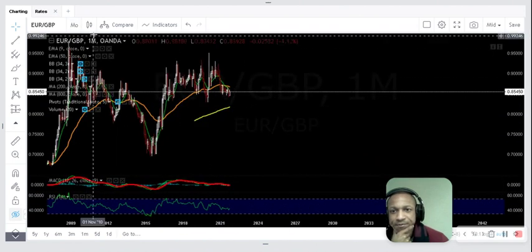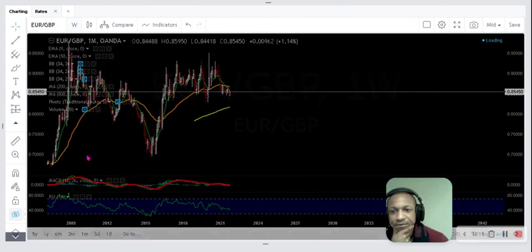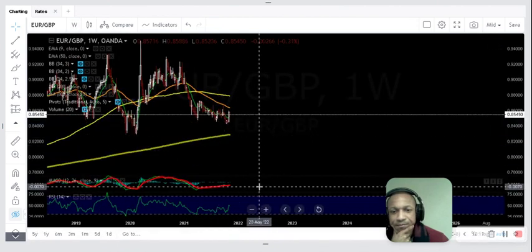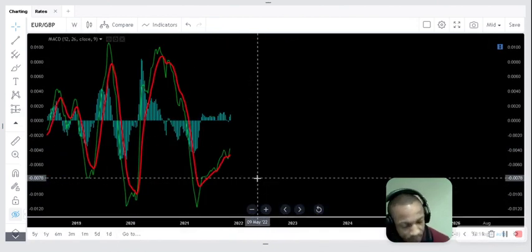RSI. So let me go back to the weekly. Okay, so MACD on the weekly. So the momentum is up. We got a cross up, but it's under the histogram.